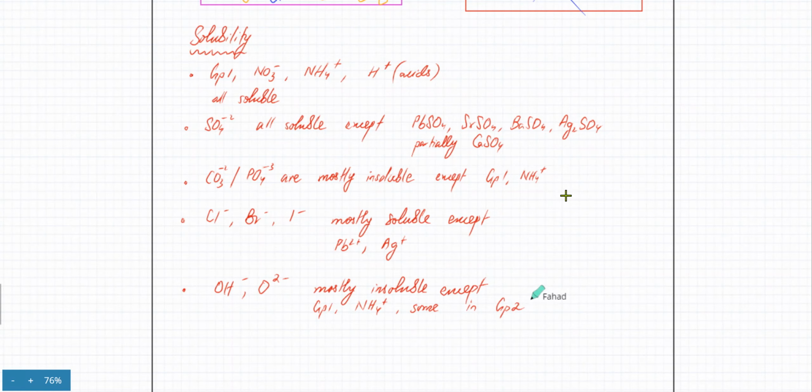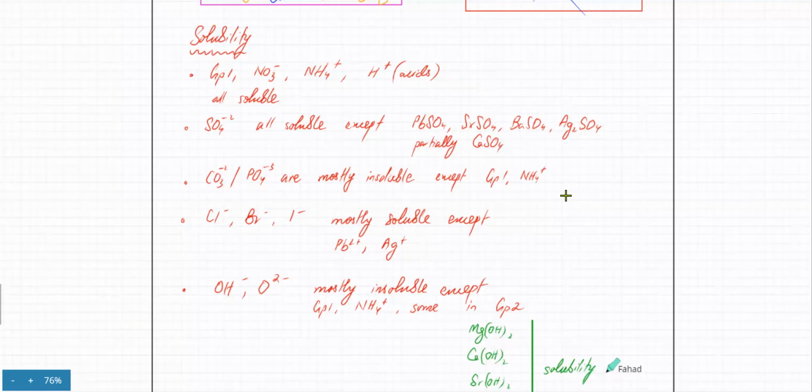So let's make a full list of these. Which ones in group 2? In group 2 you have magnesium hydroxide, which is insoluble. Going down, solubility increases. Calcium hydroxide, then Sr(OH)2 is even more soluble, and then barium hydroxide is even more soluble. So this is solubility increasing. The first one is insoluble.